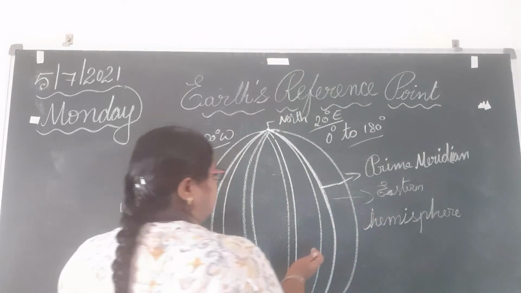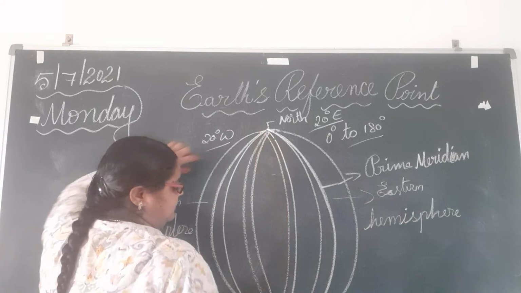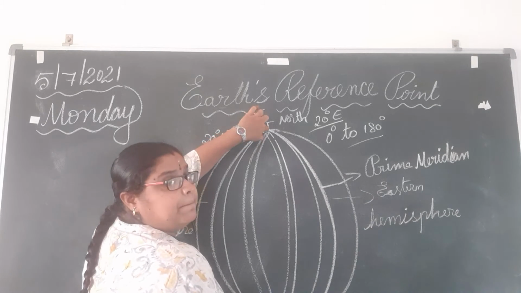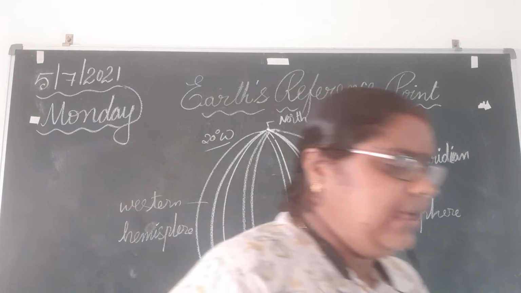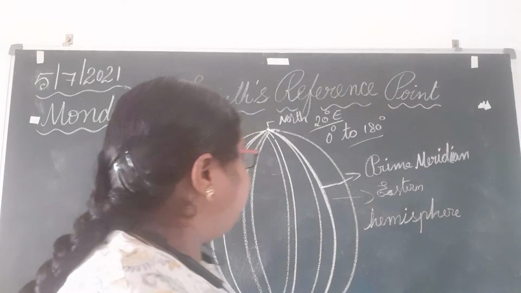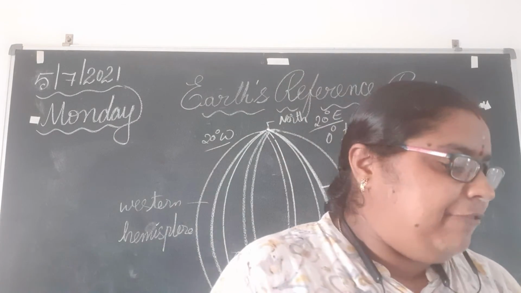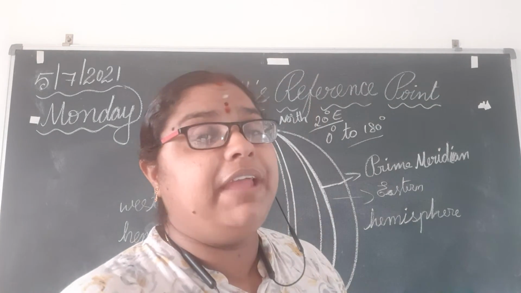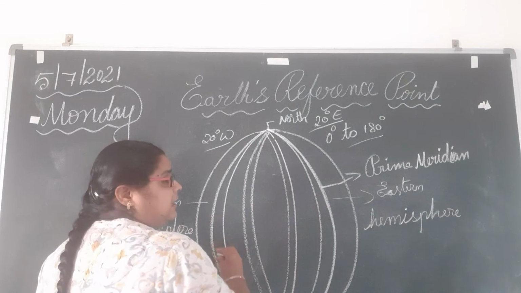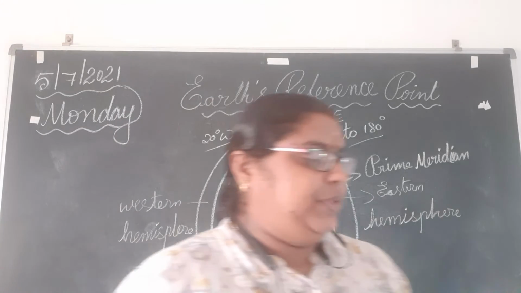Spherical means round in shape, and these longitudes meet only at the poles. They are closer at the poles and further away at the equator.